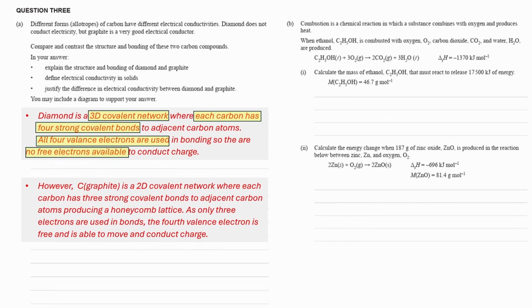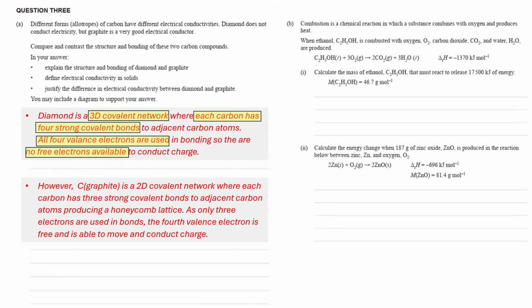However, graphite is a 2D covalent network where each carbon has 3 strong covalent bonds to adjacent carbon atoms and produces a honeycomb lattice, right? This 2-dimensional, like a piece of paper. Remember that if they ask you the different types of questions, there are actually weak attractions between the separate layers of graphite. But we don't really need to say that in this question.